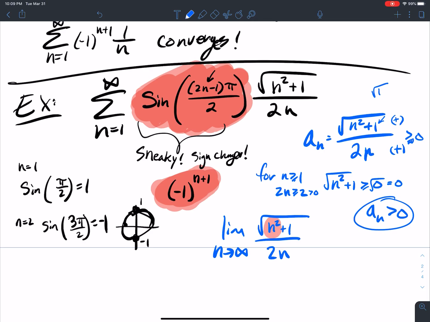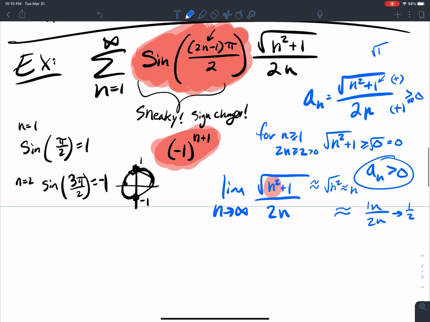It's basically like the square root of n squared, which is basically like n when we're going in the positive direction. So this is basically, with some hand waving, n over 2n, which limits to probably 1 over 2, right? But let's do some math to back that up, okay?